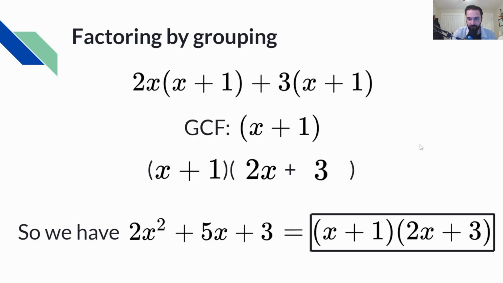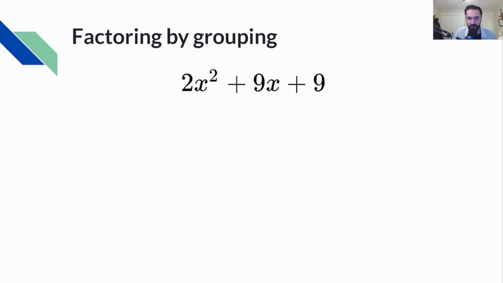So that's factoring by grouping. Let's try another example to really make sure we can handle this. Let's look at 2x squared plus 9x plus 9. Once again, we're going to take a look at this middle term here, 9x, and we're going to split that into two pieces, 6x plus 3x.